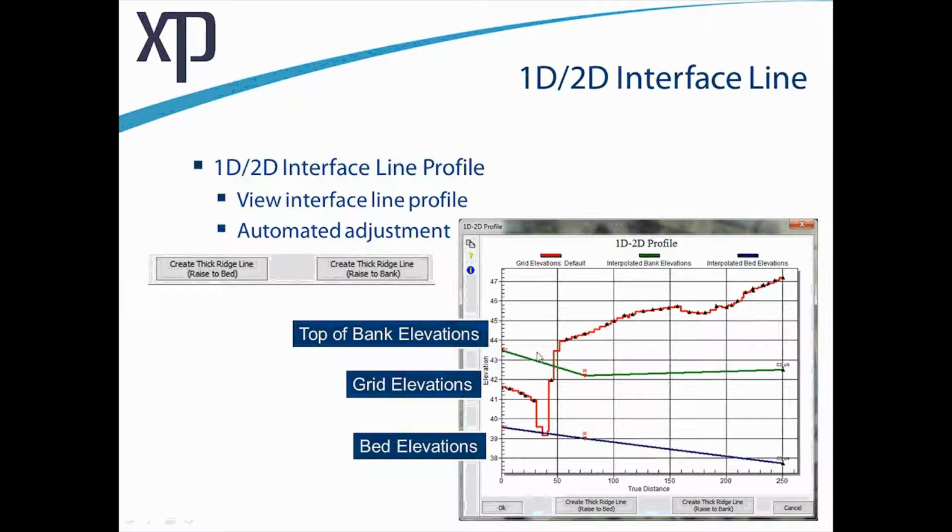Then along the green line we have the top of bank elevations. So this shows us the top of our 1D cross sections, if you like. Then in red we get to see what is happening with the 2D, with the surface along this interface line.